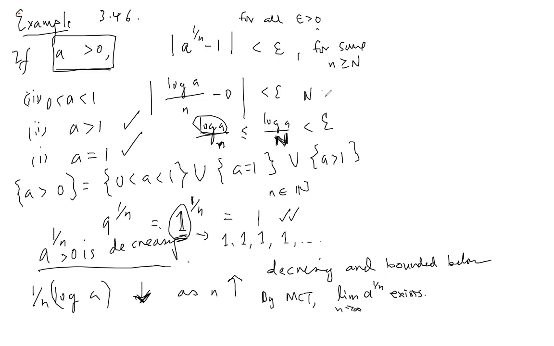So you just need to choose n larger than log A over epsilon. Okay, so then you show that the limit exists and it converges to 1. The case number 3 is when you're dealing with a fraction, right?